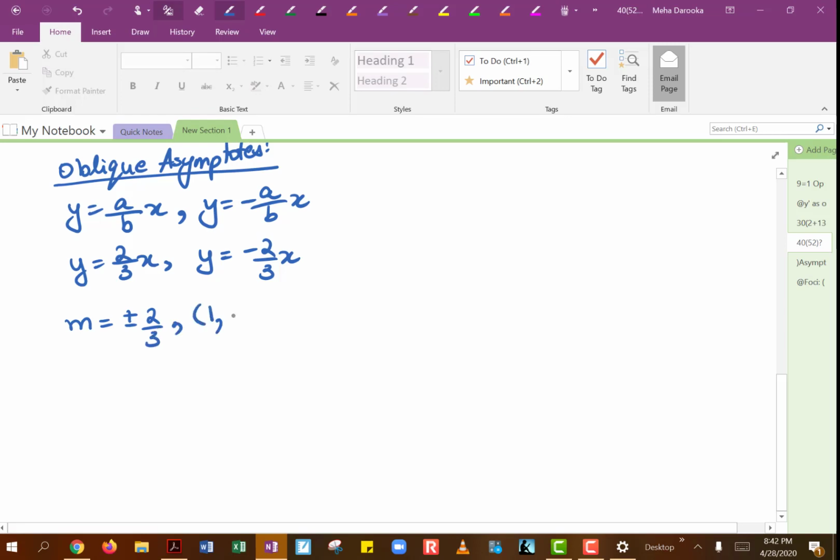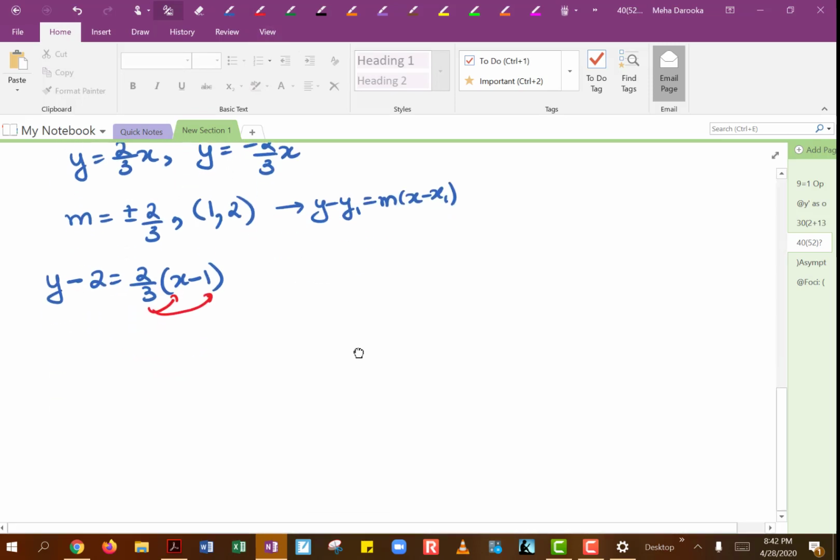And of course, remember, you're using your point slope form of the equation of a line to come up with these equations. So let's start with the first one. We'll do y minus 2 equals positive slope 2/3 times (x minus 1). So we need to start by distributing the 2/3 inside with the x and the 1. So y minus 2 equals 2/3 x minus 2/3, and again we are adding this 2.